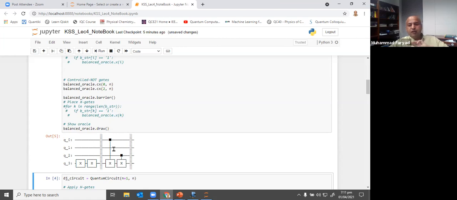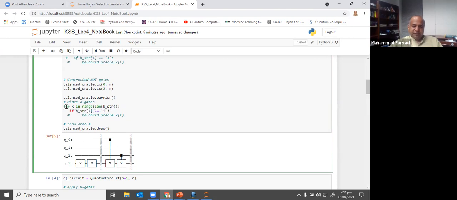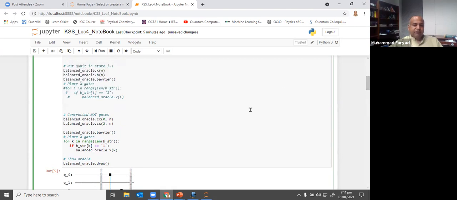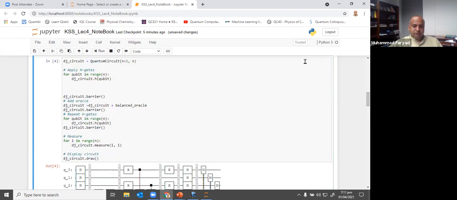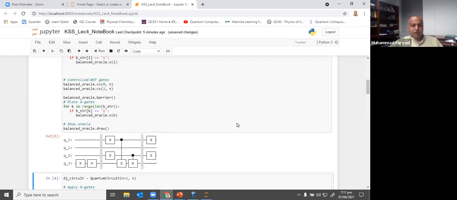And you can get different combinations by, let's say, placing X gates before or after. They flip the bits that give ones and the bits that give -1. So in this case, it's another combination.